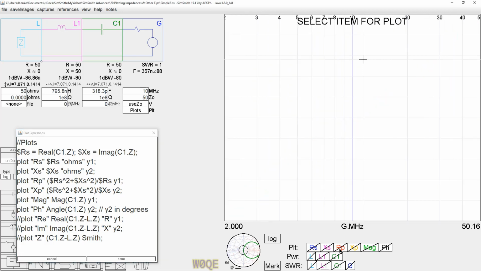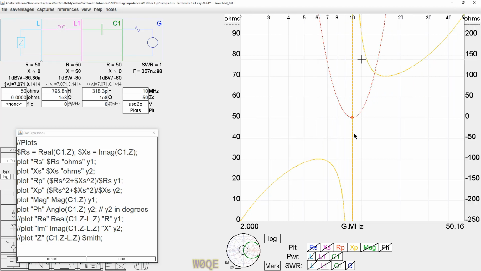Let's get rid of that one for a moment. Let's look at this one. I'm going to move this scale. Let's move this scale down a little bit so we can see a little bit more of it. In this case, we plotted RP, and RP is defined as the series resistance squared plus the series reactance squared, the quantity of those two divided by the resistance, and similarly for X sub P is defined similarly but divided by X sub S. Those formulas are in every handbook that there is.